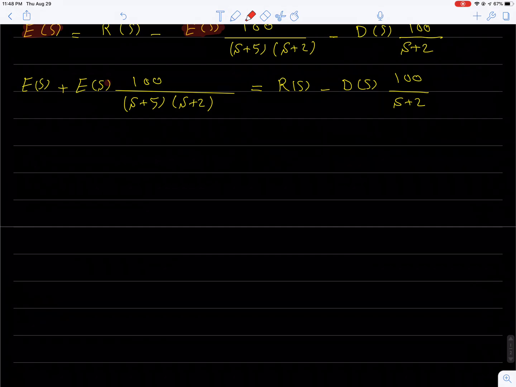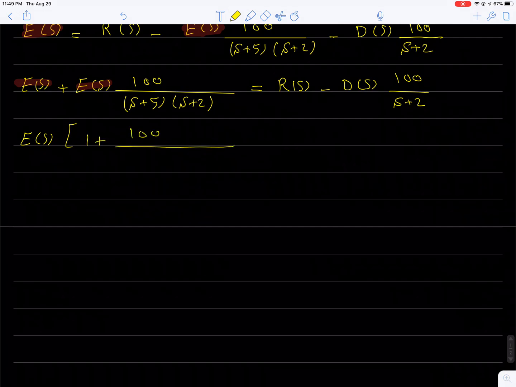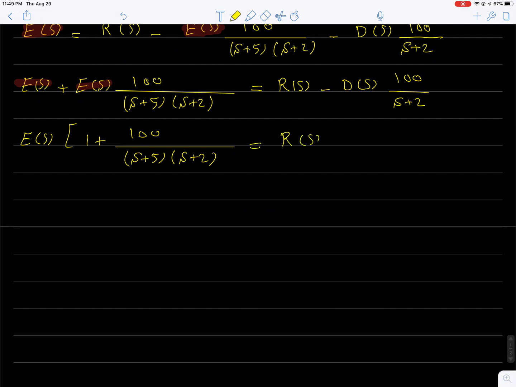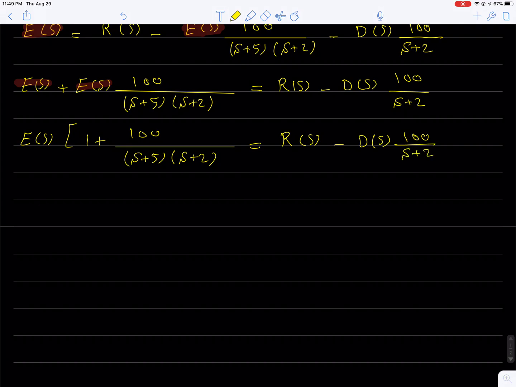Now let's take E of S in common here. E of S times 1 plus 100 over S plus 5 times S plus 2, and this is equal to R of S minus D of S times 100 over S plus 2. Okay, let's close this.